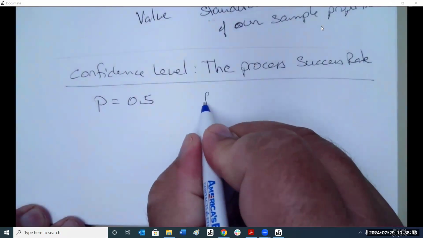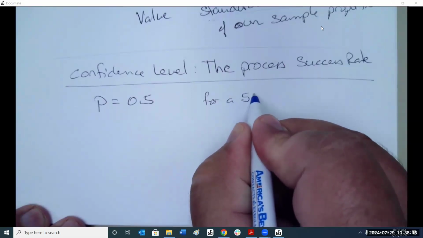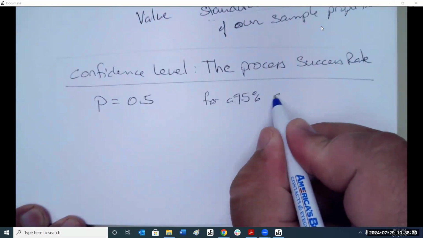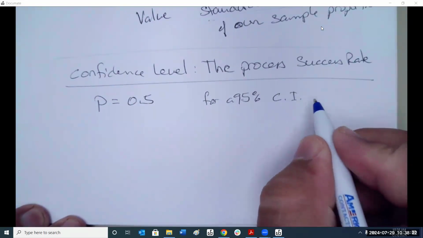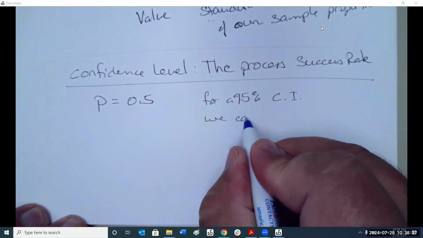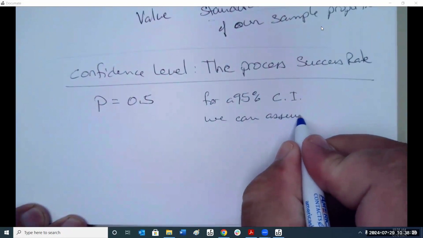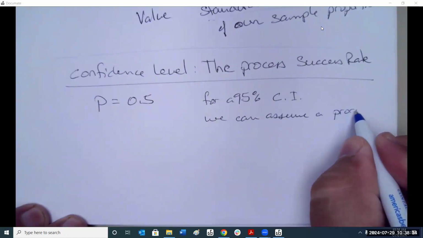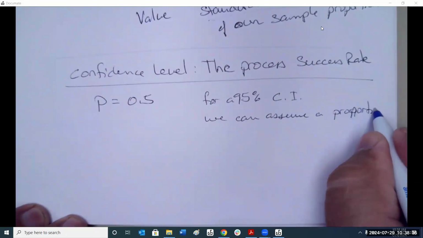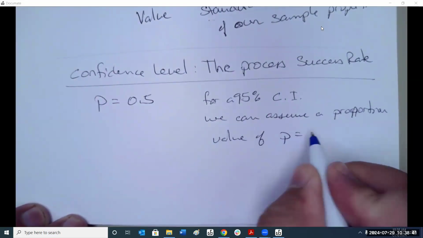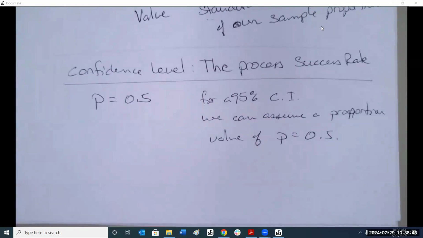So for a 95% confidence interval, we can assume a proportion value of p equals 0.5, which means it will be right most 5% of the time.